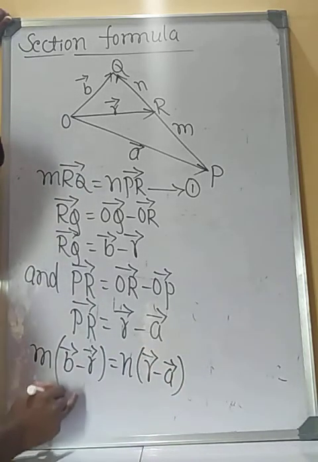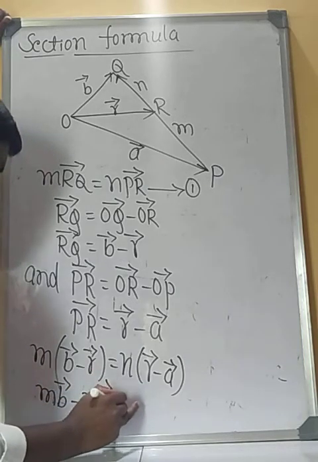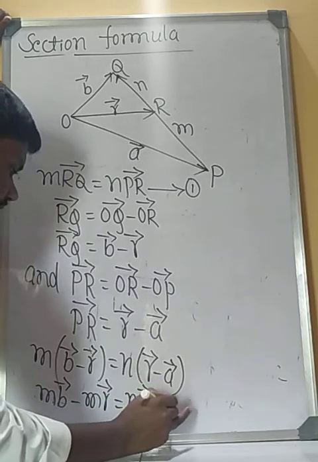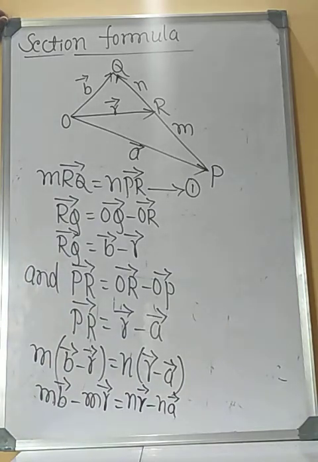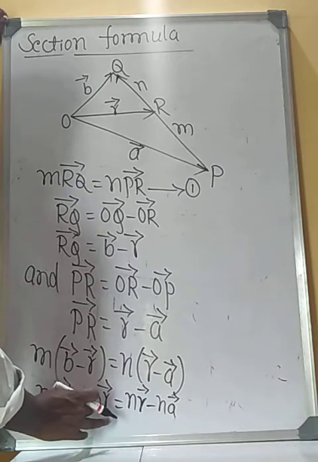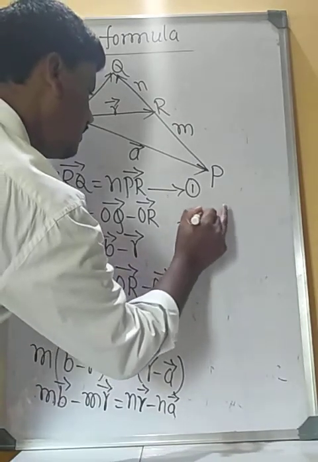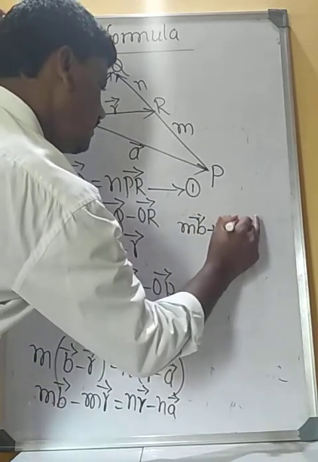Therefore MB vector minus MR vector is equal to NR vector minus NA vector.